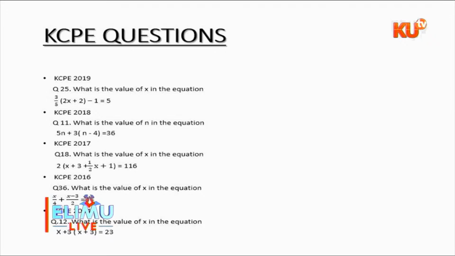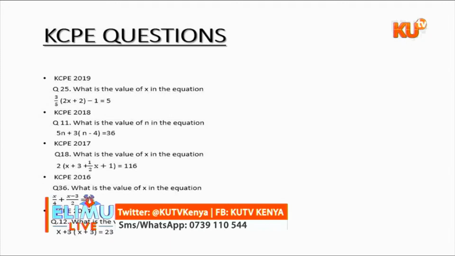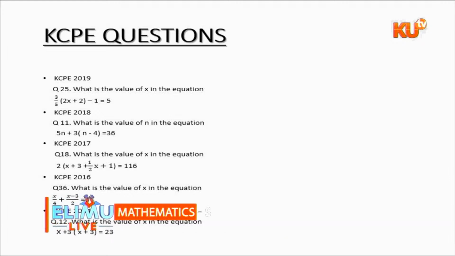The question was, what is the value of x in the equation? 2 bracket x plus 3 plus a half x plus 1 is equal to 116.